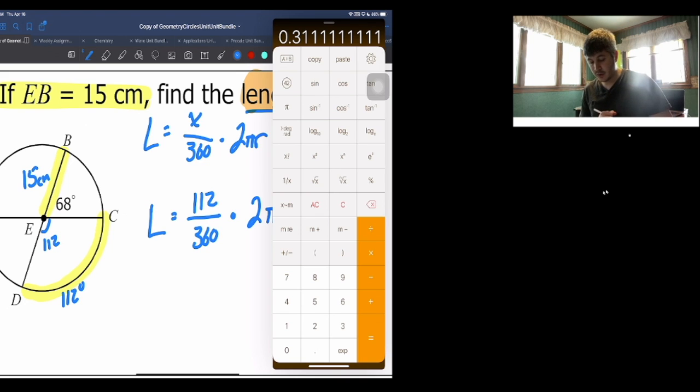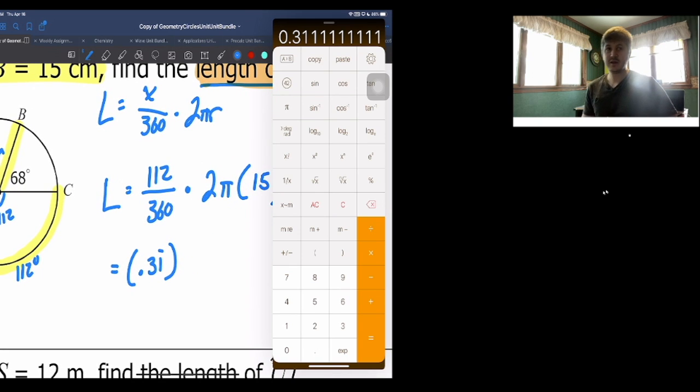I'm doing 112 divided by 360, and this number, 0.31 repeating, is 31.1% of the circle. That's the percentage piece. You're literally taking 31% of the circumference of the circle.